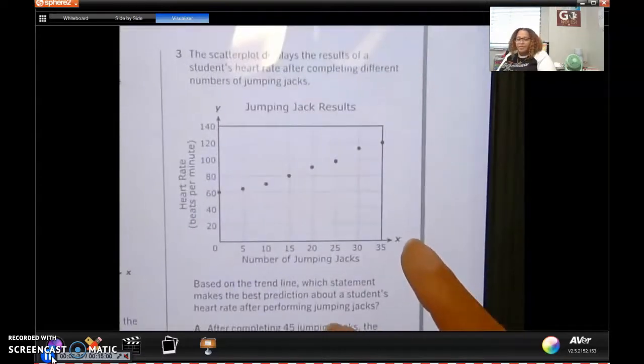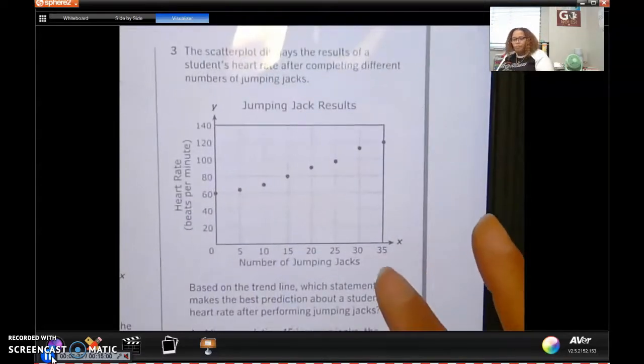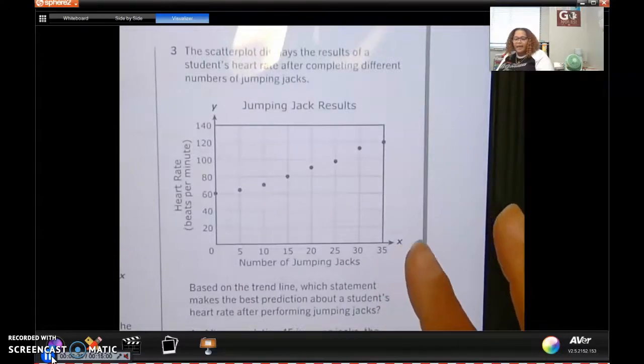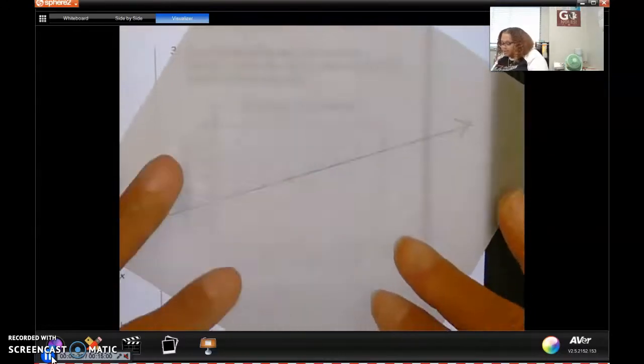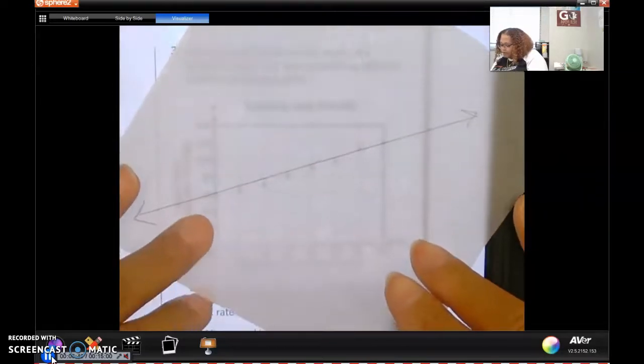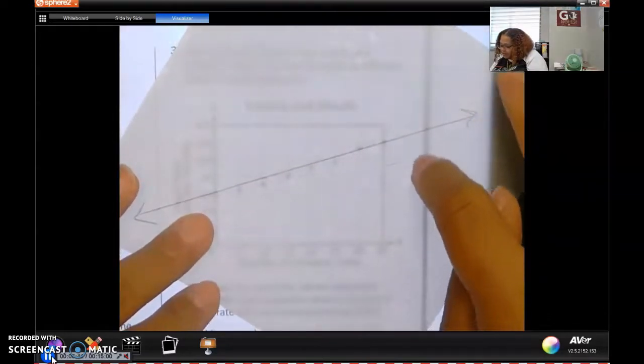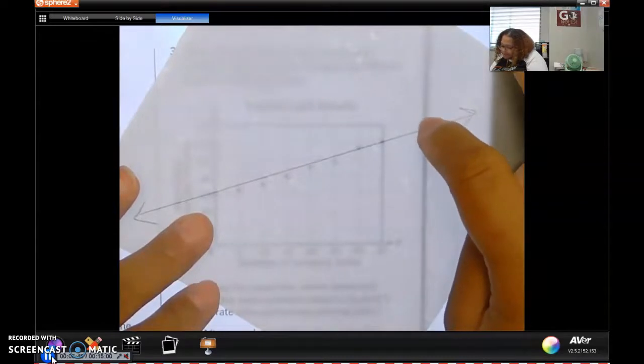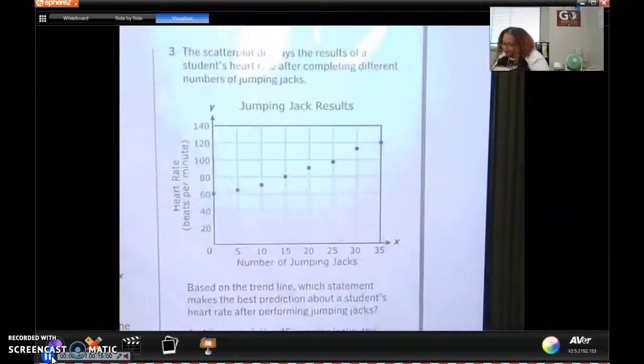So if I look at my trend, I want to go 10 past this. So here's my trend line. And then I want to go to about here.